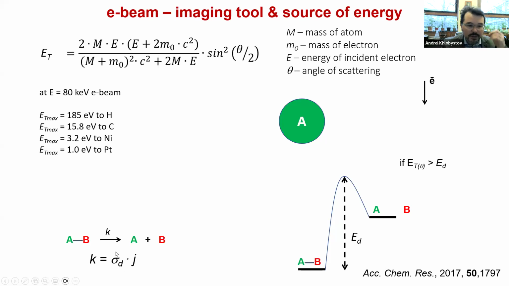And sigma d is a constant which includes all the information about the nature of the bond, the barrier for breaking the bond, the energy of the electron beam, and the mass of the atom. So effectively, we can accelerate our reaction by increasing brightness during our imaging, or decelerate this reaction by spreading the beam. This is a very convenient way to control chemistry. We call this method, just within our group really, chemical TEM, or ChemTEM for short.